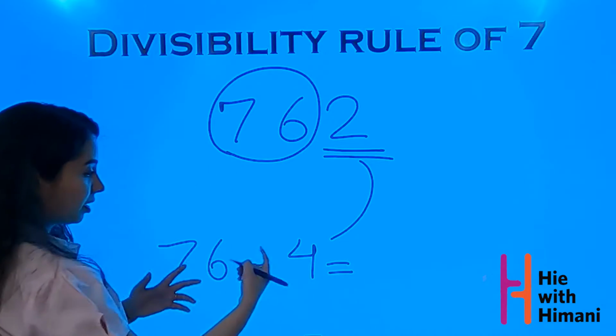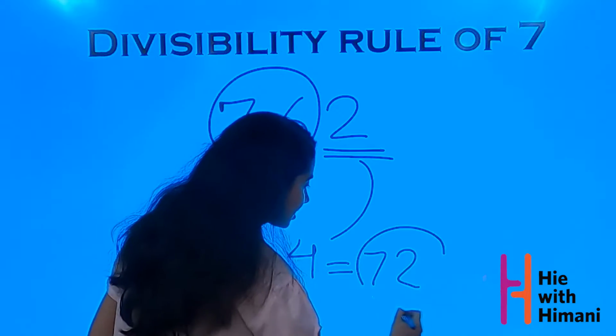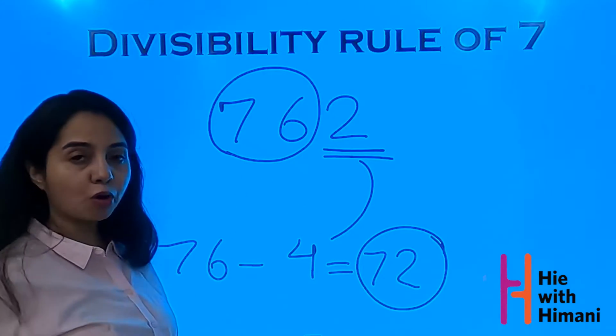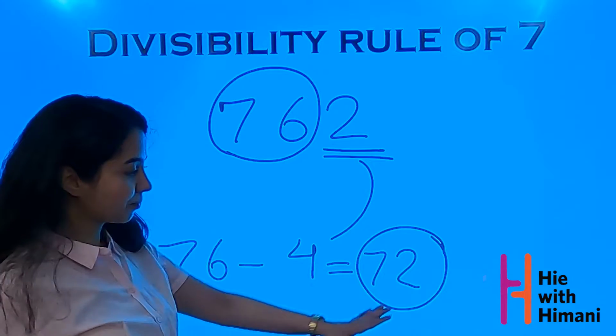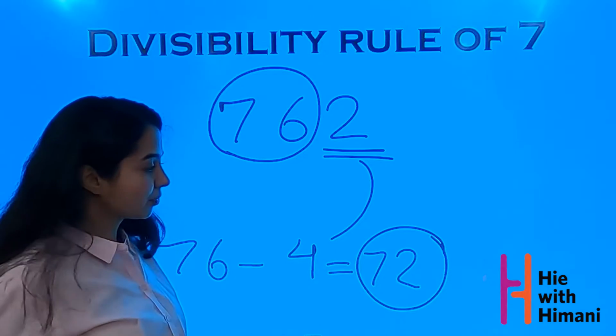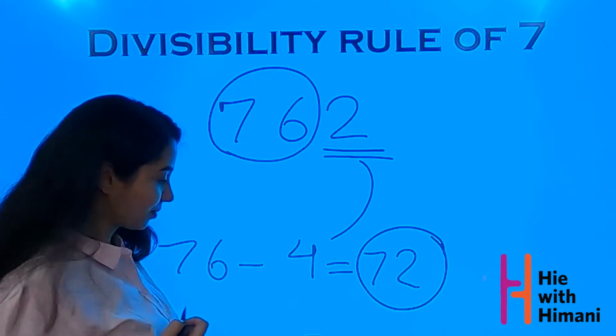Whatever number I get after subtraction, I just have to check whether it is divisible by 7 or not. Simple. Now we know that 72 is not divisible by 7. Therefore, 762 will also not be divisible by 7.